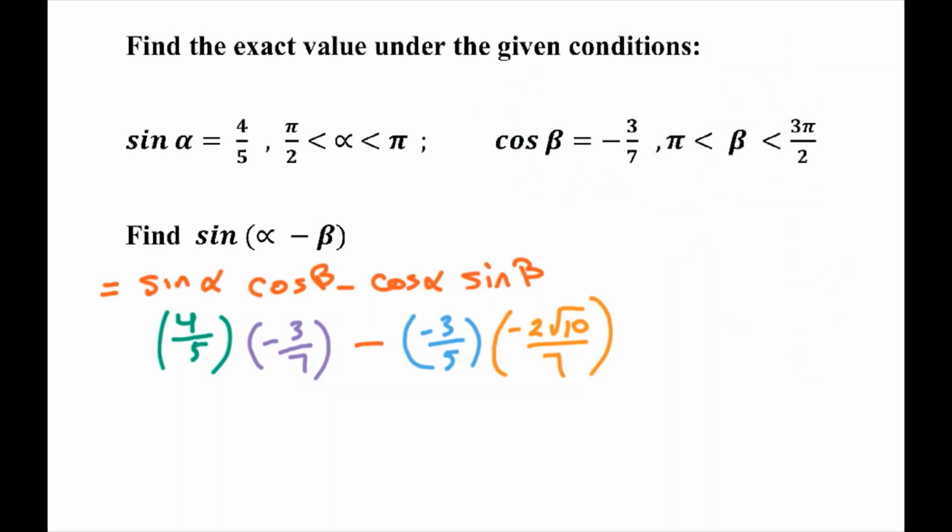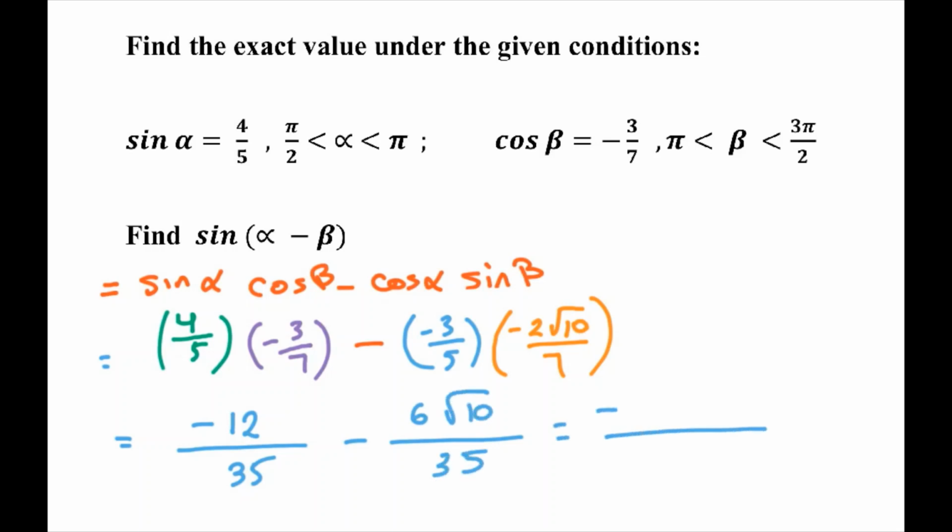And now you need to calculate it. So that's going to be equal to negative 12 over 35 minus 3 times 2, 6 square root of 10 over 35, which is equal to negative 12 minus 6 square root of 10 over 35.